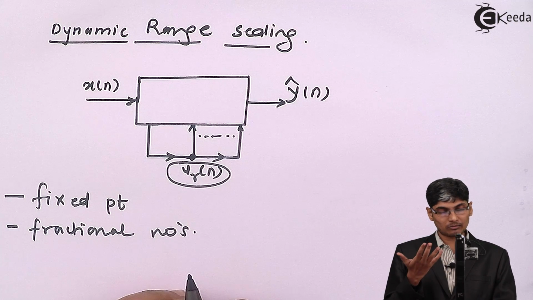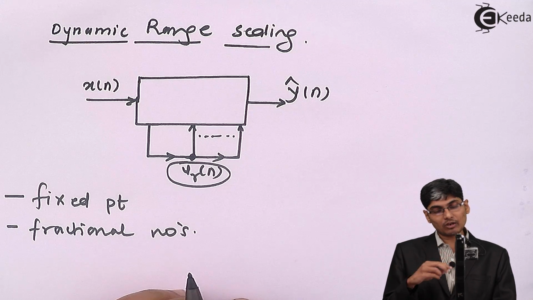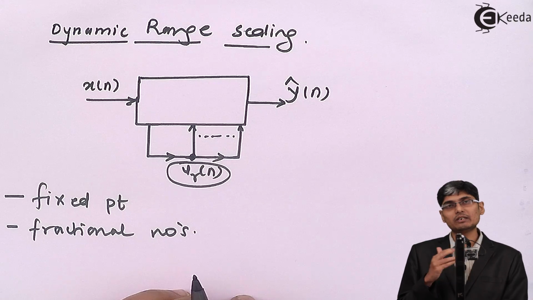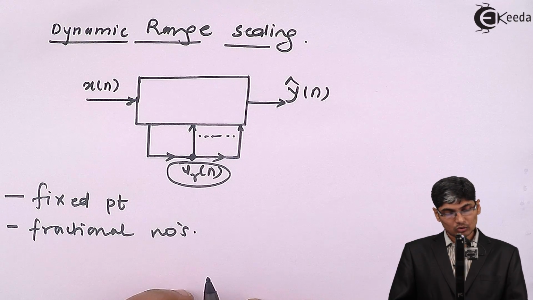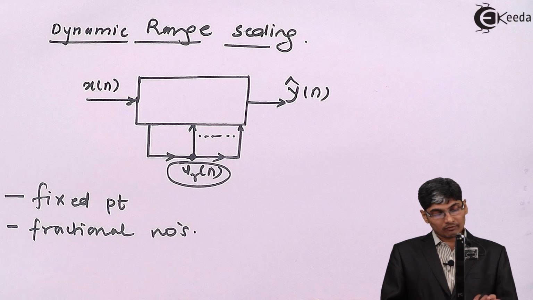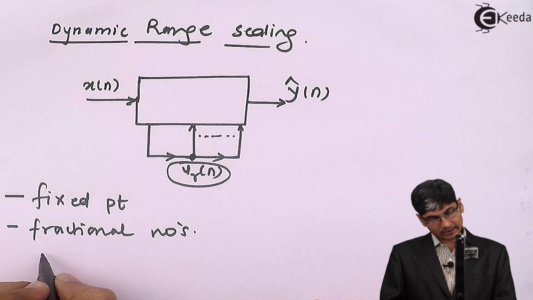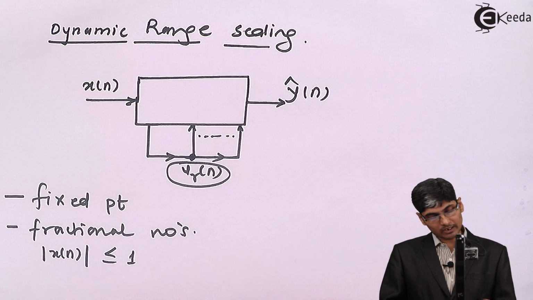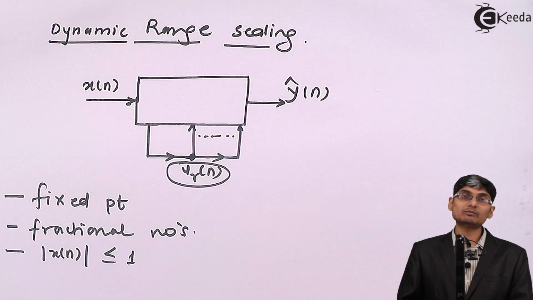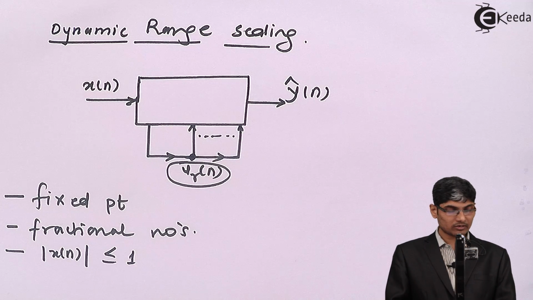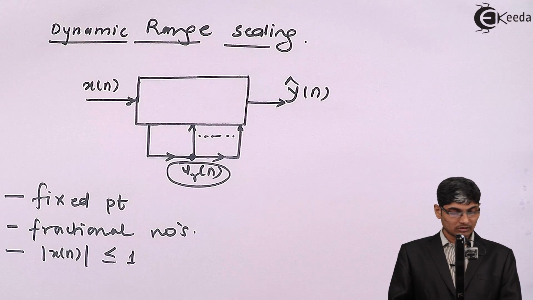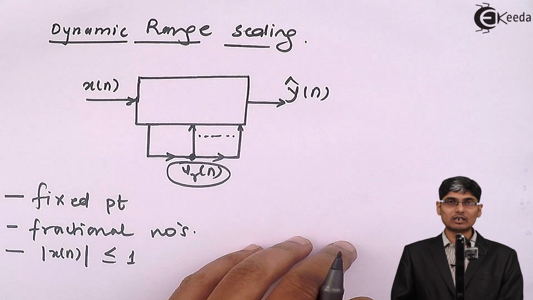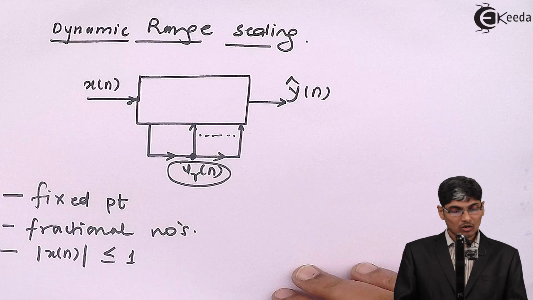That means they are positive numbers, and there could also be negative numbers, but those will be represented in 2's complement. The third assumption is that the magnitude of the input x of n is bounded by 1. So first, we use fixed point numbers; second, fractional numbers; and third, the input is bounded by 1, so it will not go above 1. It will be either equal to 1 or less than 1.